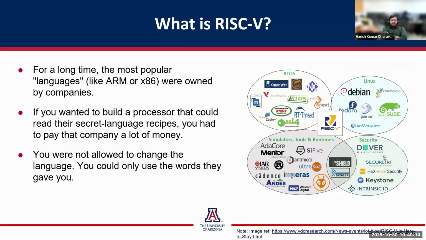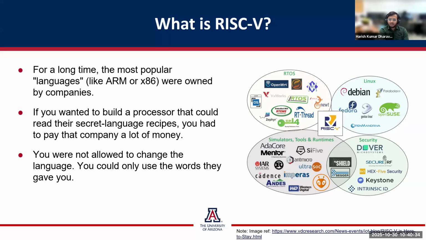What is RISC-V? RISC-V is basically a computer architecture that is built to be open source. Now, we all know that there are plenty of companies, one very famous being ARM, whose architecture is in almost 80 to 90% of computers today.